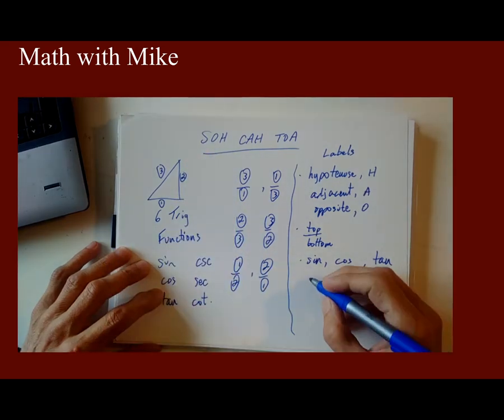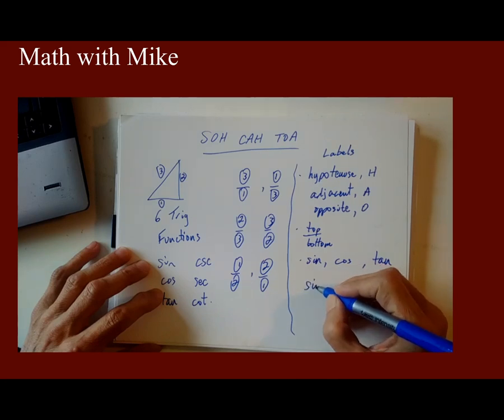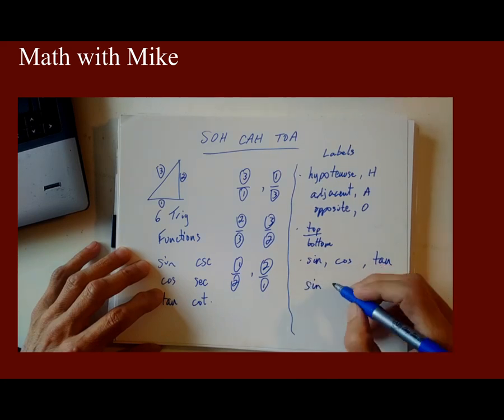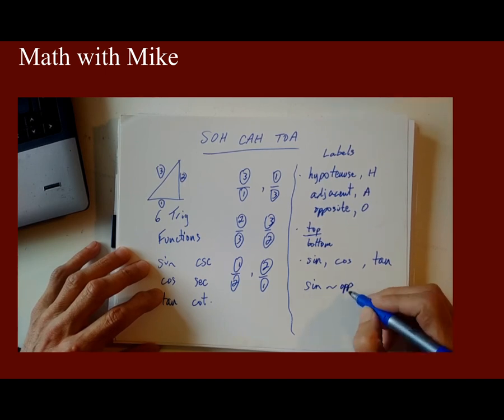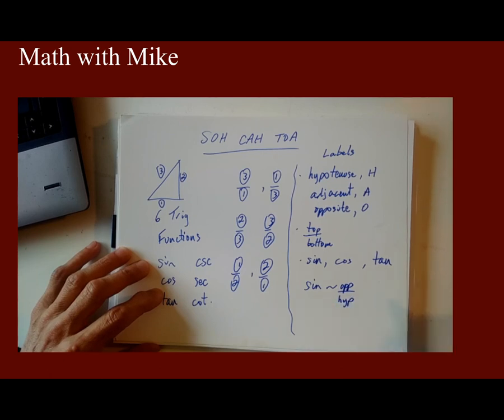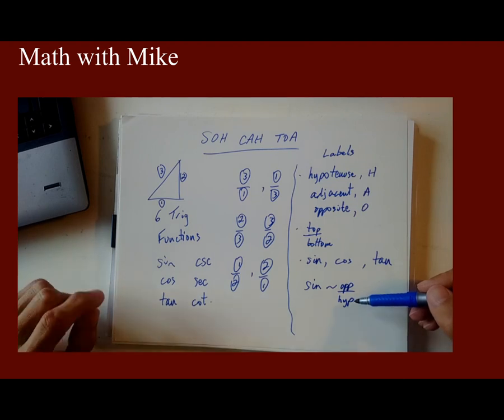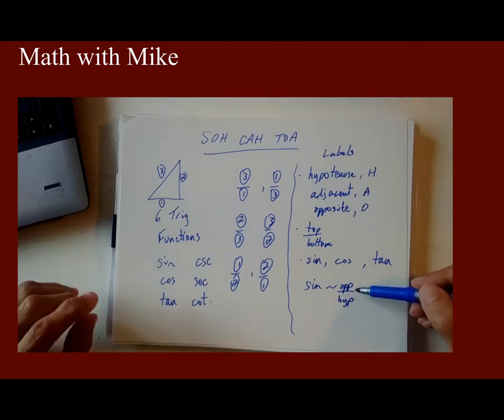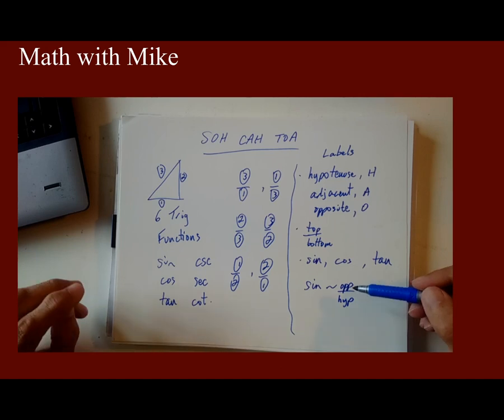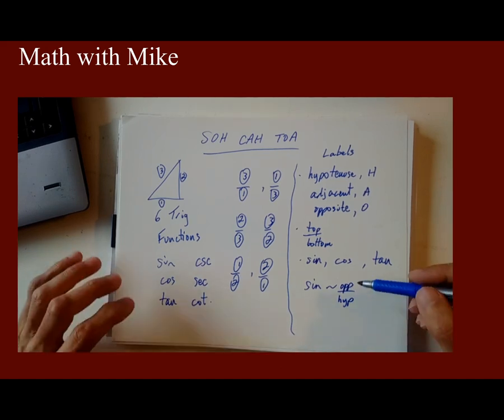So for sine, that fraction is going to be the opposite side divided by the hypotenuse. When? Always. And remember, these are going to depend on the angle that we are working with, just like we talked about when we were labeling. Okay, so sine is always going to be the opposite over the hypotenuse.